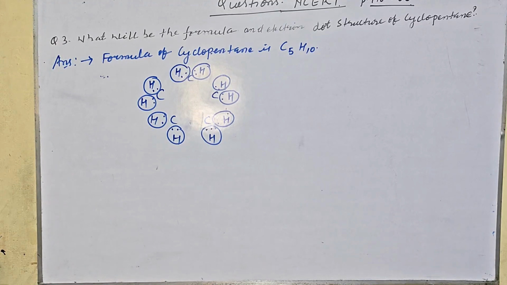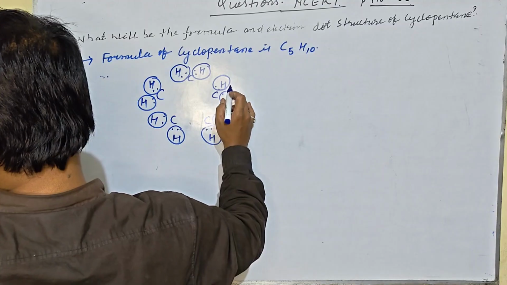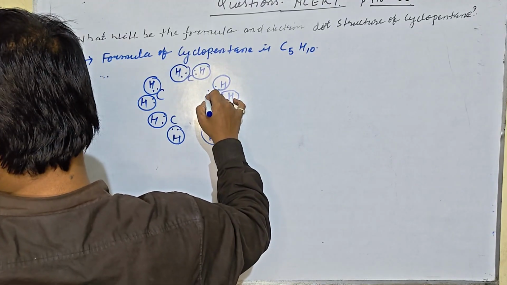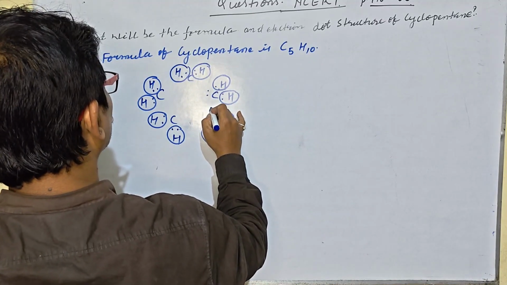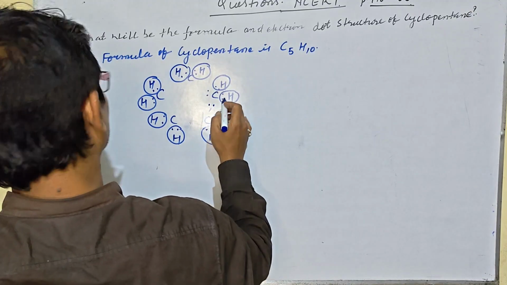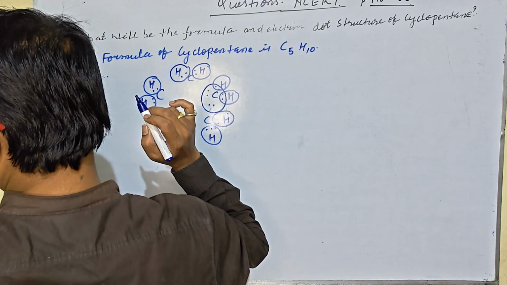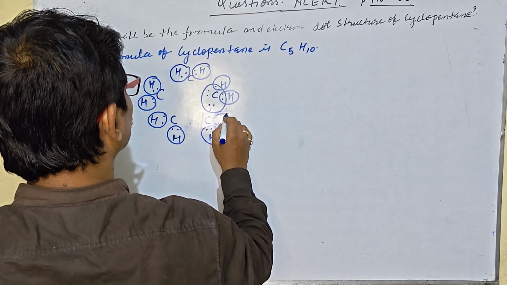And carbon is going to complete its octet also. So for completing the octet, you have to draw 2 dots here and 2 dots here also. Is it clear?